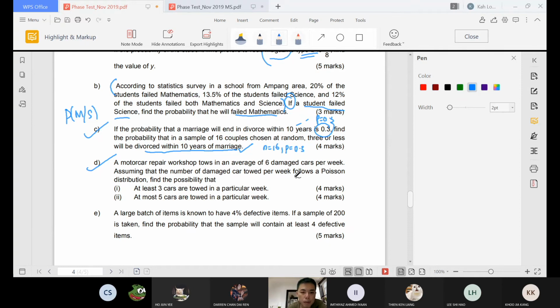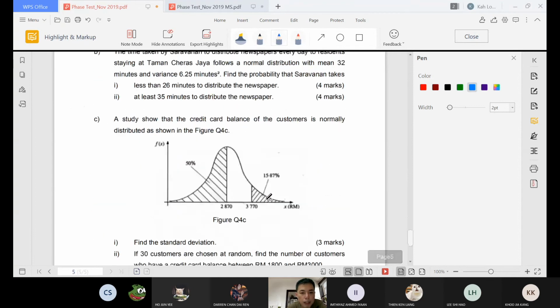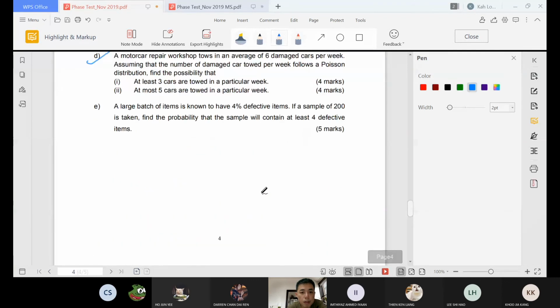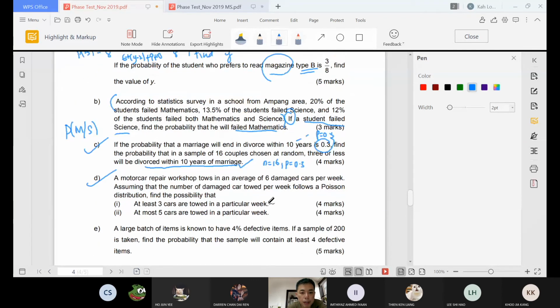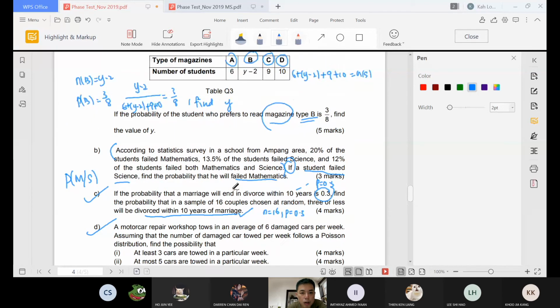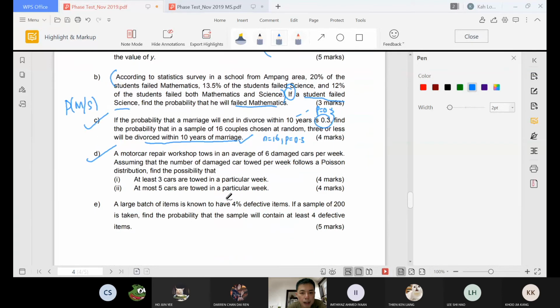So question 3 will be probability combined with the binomial and Poisson. Then question 4 all together will be the normal distribution. Okay, so I hope that you are clear with the new announcement. So question 3 will be talking about probability and binomial and Poisson.